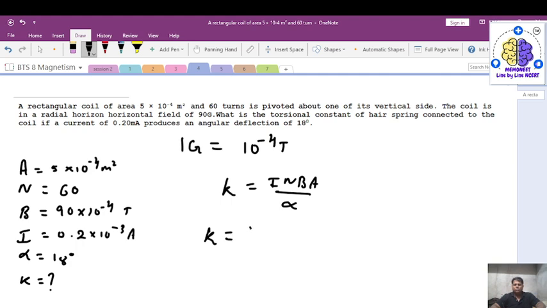K is equal to 0.2 into 10 to the power of minus 3. This is the current, into 60, the number of turns, into the magnetic field, that is 90 into 10 to the power of minus 4.